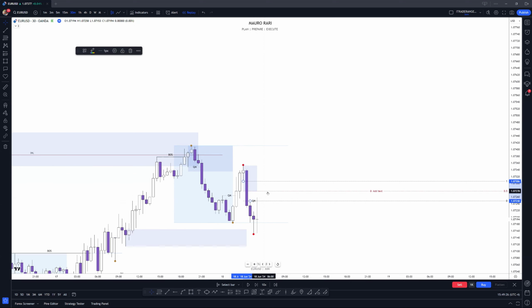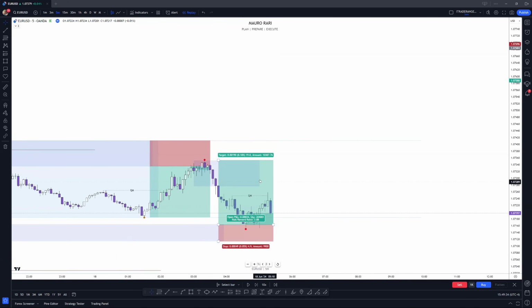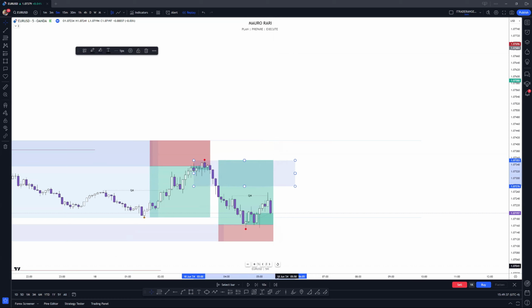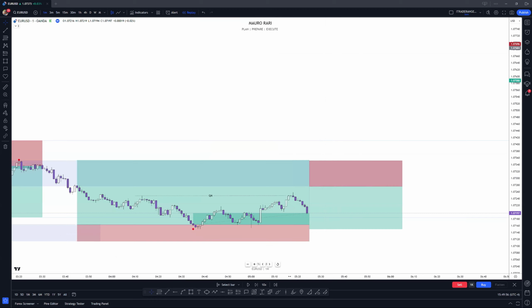And this could be my short entry here, targeting the low. I can go and monitor the price in 1 minute.